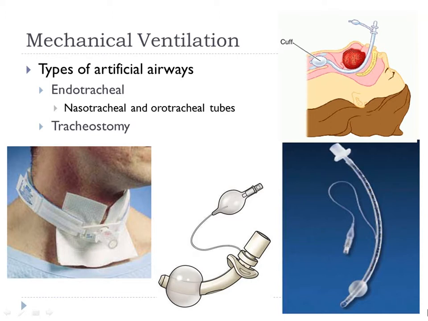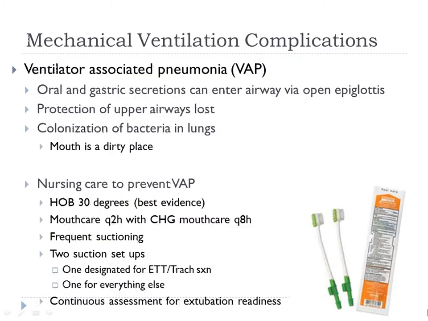The epiglottis is right there. So the epiglottis can't close, so the airway stays open and is connected to the upper airways, and this is the esophagus, so the gastric contents can reflux and come down into the lungs. Not good, right? We do have a bulb here to help prevent some of that, but we also have nursing interventions to do so.